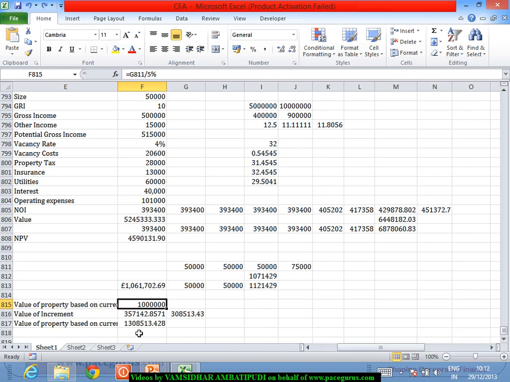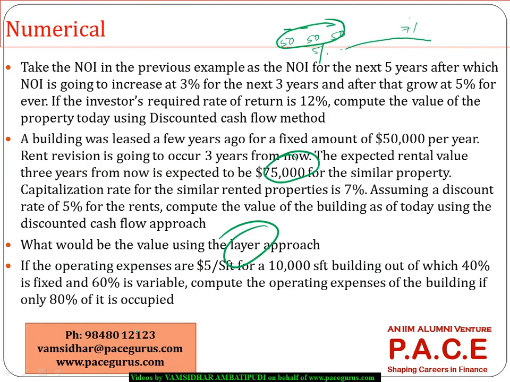So if I am using this mechanism to value the property, it is going to be valued at 1.3 million, whereas when I am using a direct discounting of the future expected rentals, it is going to be valued at 1.06 million. So these are different kinds of dimensions I can look at for valuing this kind of property.